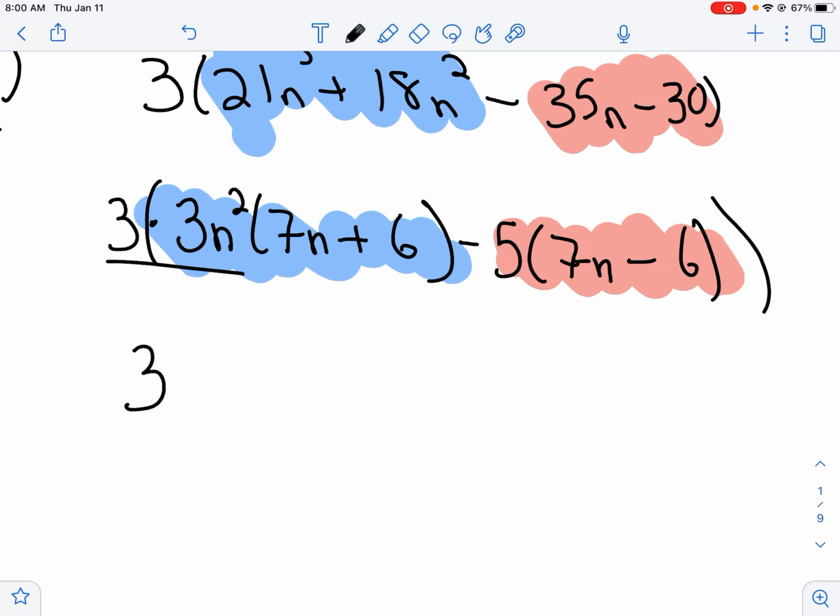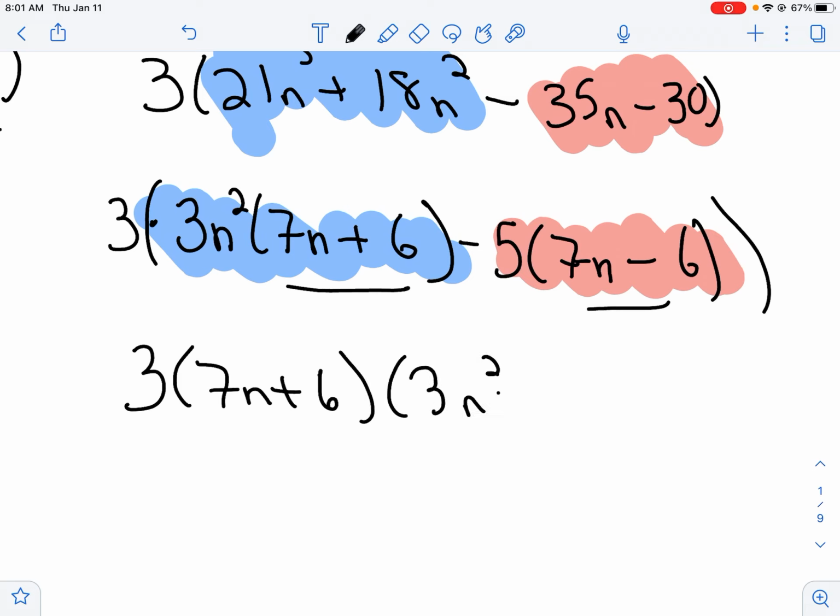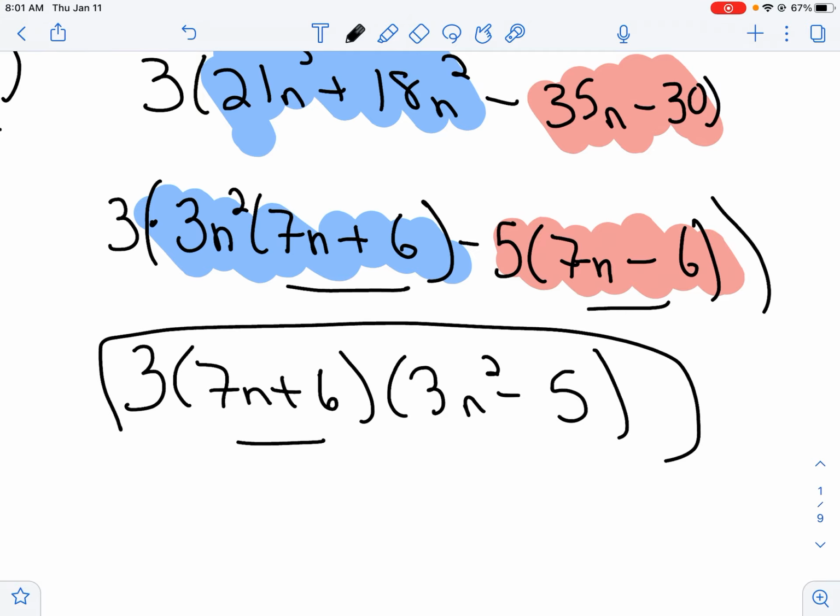So that right there is going to become 7n plus 6, and then you have 3n squared minus 5 right there. So that one you had to factor out a common factor before you started.